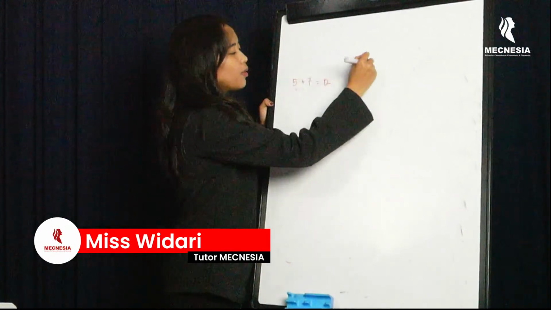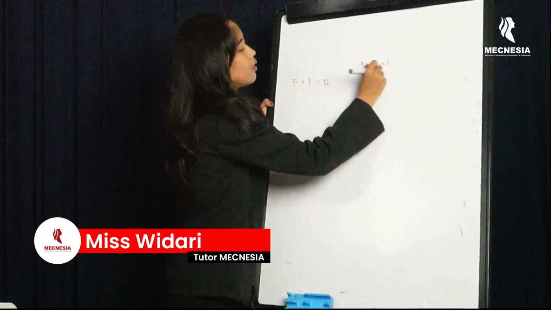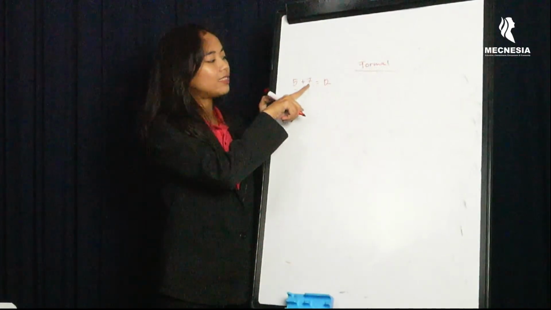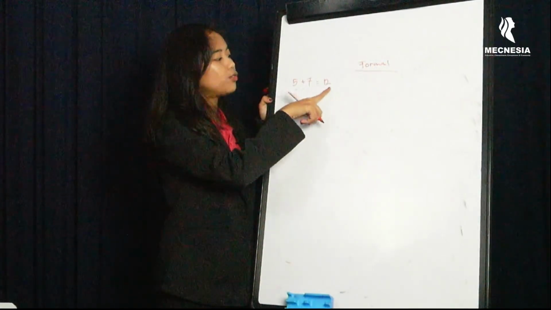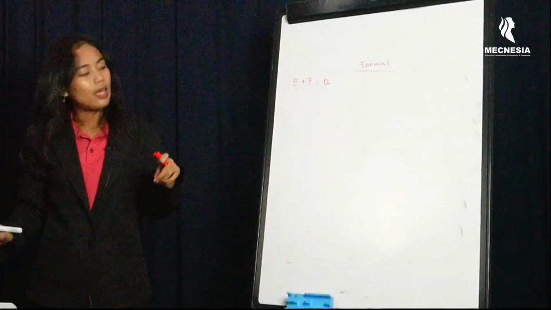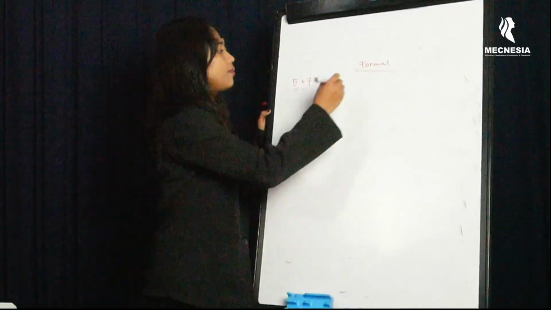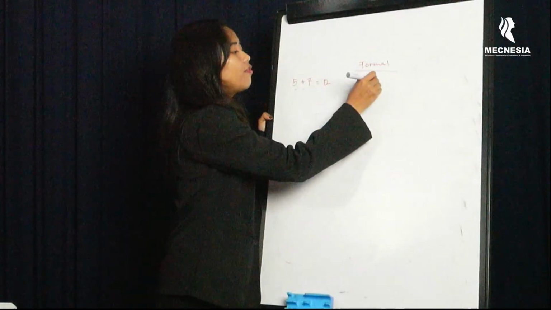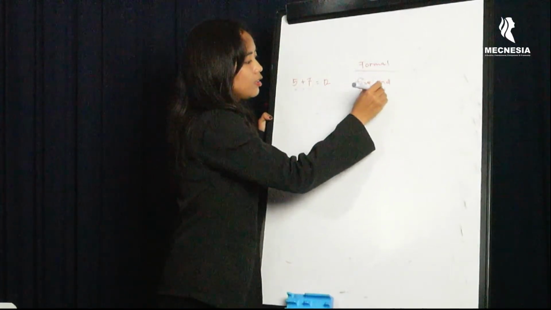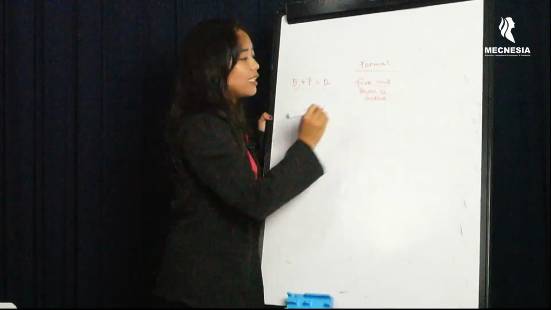So, in the formal way, di cara formalnya, we read it as 5 and 7 is 12. 5 and 7 is 12. Jadi kita pakai and sama is.